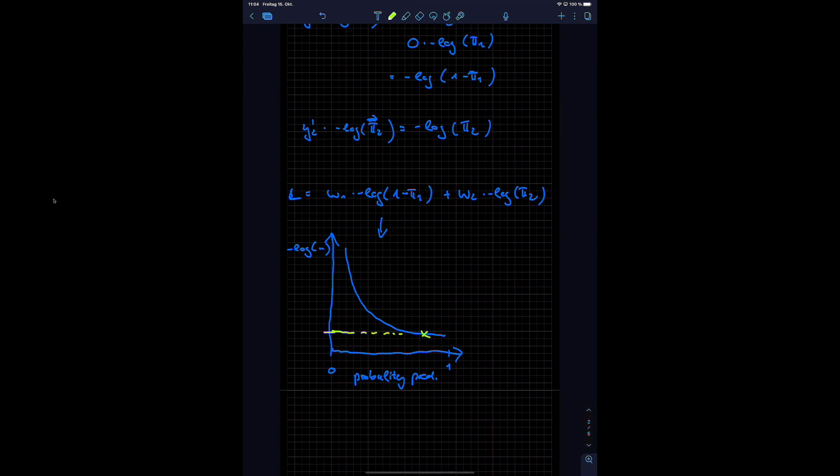And the corresponding loss value seems to be comparably low as compared to, for instance, if we would predict a probability prediction of, I don't know, 0.2 or something. So then we would get this loss value here. So our aim is, of course, to generate a probability prediction somewhere around here, because this would lead to the least possible loss value for this observation.